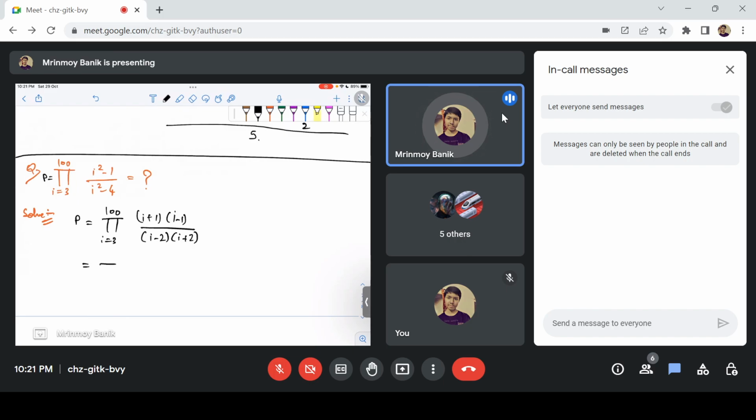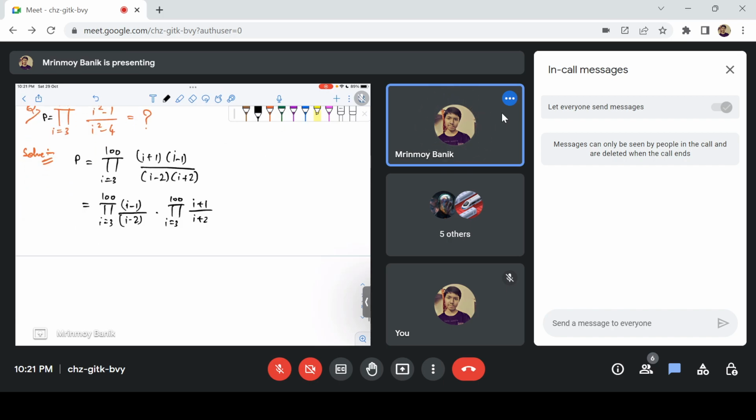Now we divide it into two products: i minus 1 by i minus 2, and this is i plus 1 by i plus 2.